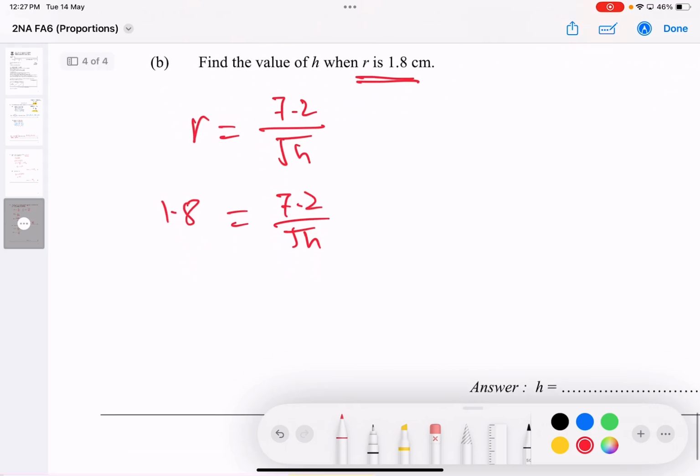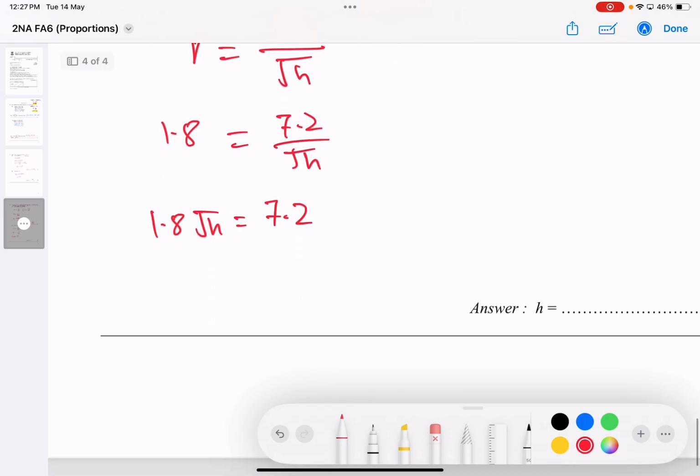Cross multiply. 1.8 square root h is 7.2. You want to make h the subject, so you must get rid of this 1.8. You can divide by 1.8 on both sides. So square root h is 7.2 divided by 1.8, which is 4.